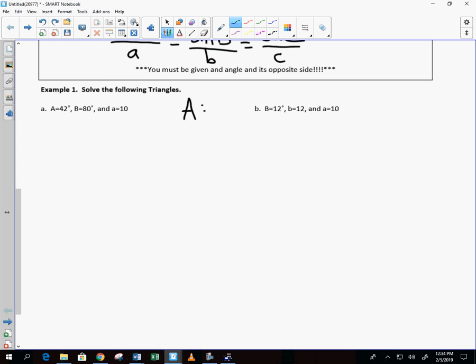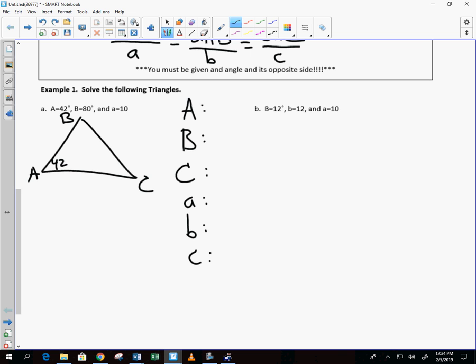We're going to solve these two triangles for our lesson today. Angle A, angle B, angle C. Side A, side B, side C. How are we doing?